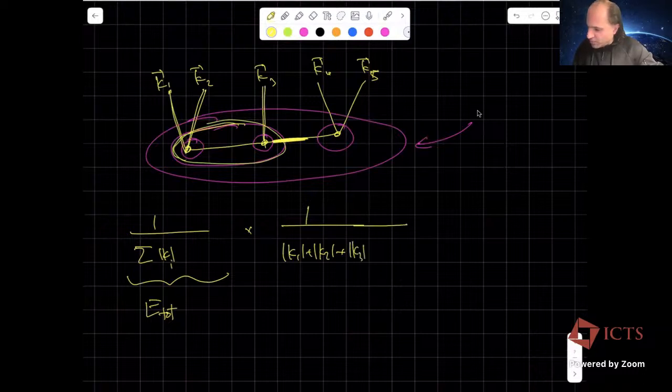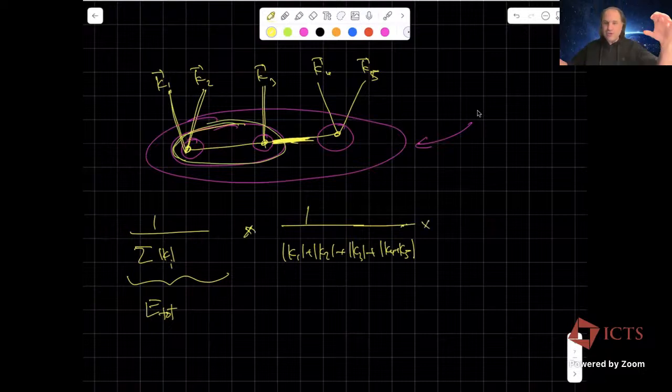But we have this momentum coming from the outside, which can be thought of as like K4 plus K5, the magnitude of K4 plus K5. Okay, so there's a factor like this, which is just the sum of all the energies entering a tube. And you just multiply them all together, and then you sum over all the tubings of the graph.